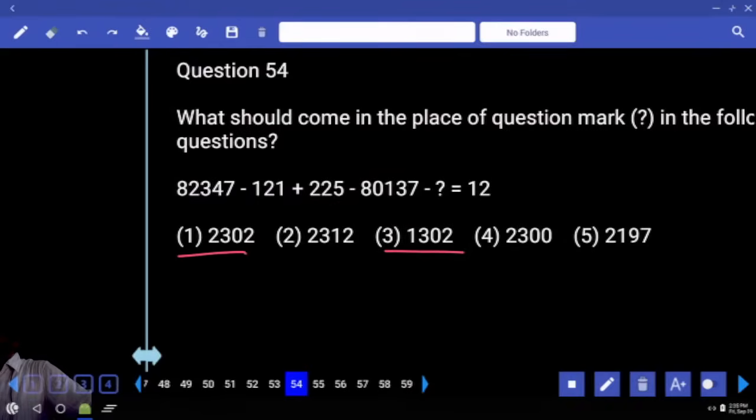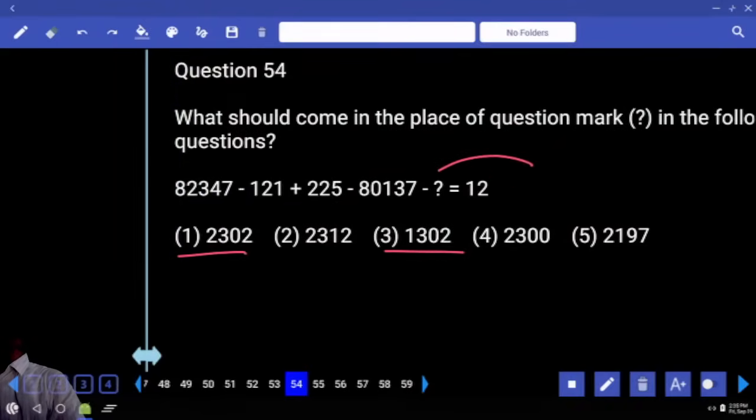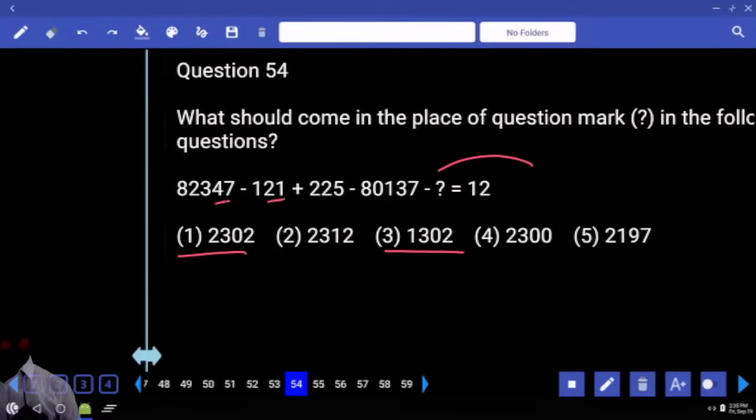First of all, minus x goes to the other side, 12 comes to the left hand side. Okay? Last 2 digits: 47 minus 21, 26 plus 25 is 51.